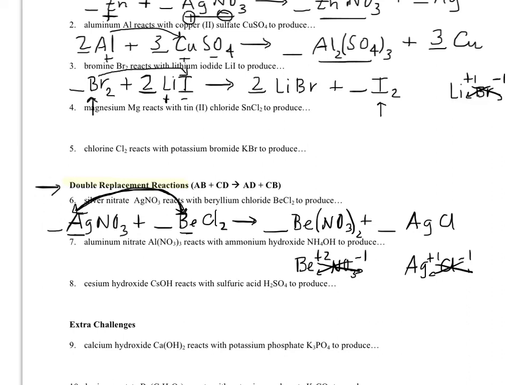Alright, so if I look, I see that on the product side, my nitrate has a subscript of 2. So I got 2 nitrates there. I need to have 2 on the reactant side, which means now on the reactant side I have 2 silvers. So I need to put 2 silvers on my product side, which means that now over on my product side I've got 2 chlorines. But that's okay because I've already got 2 chlorines over here on my reactant side.